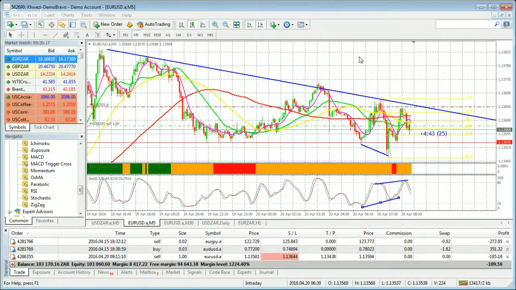Did go down. You can see there's still a lot of unsurety. And another push up.